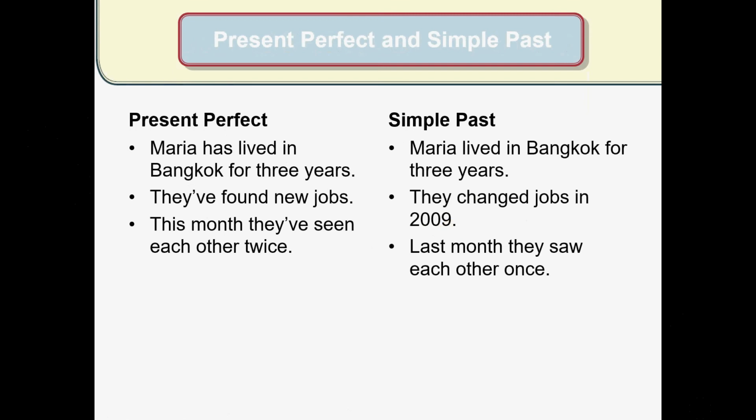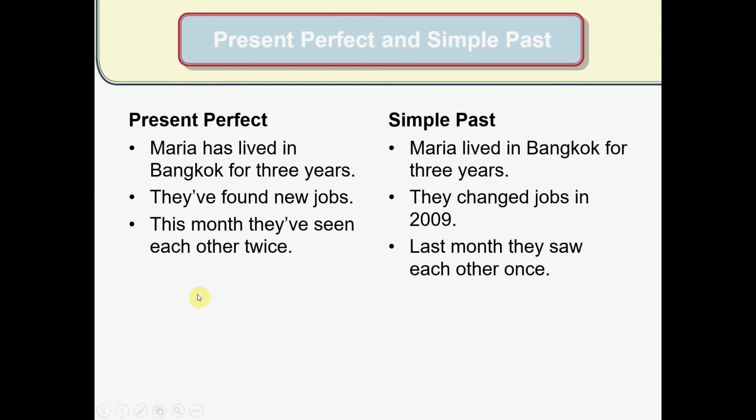Okay, now here are my questions. Which example describes something that happened at a specific time in the past? They changed jobs in 2009. Now look at this. What tense does it use? The simple past.